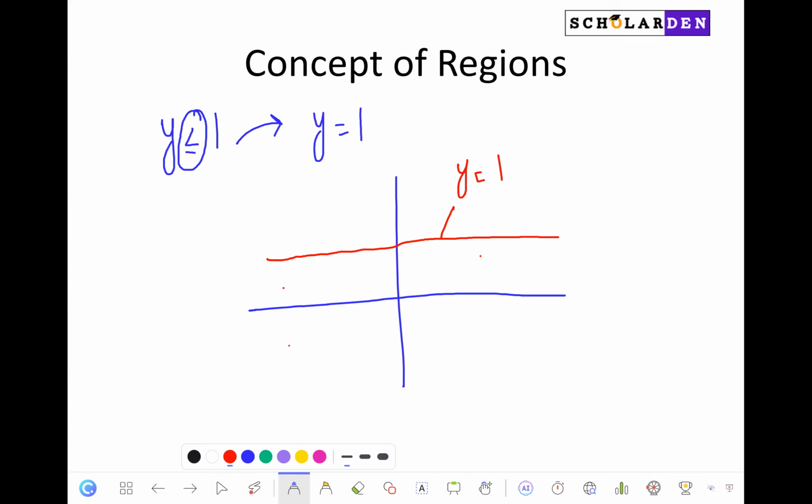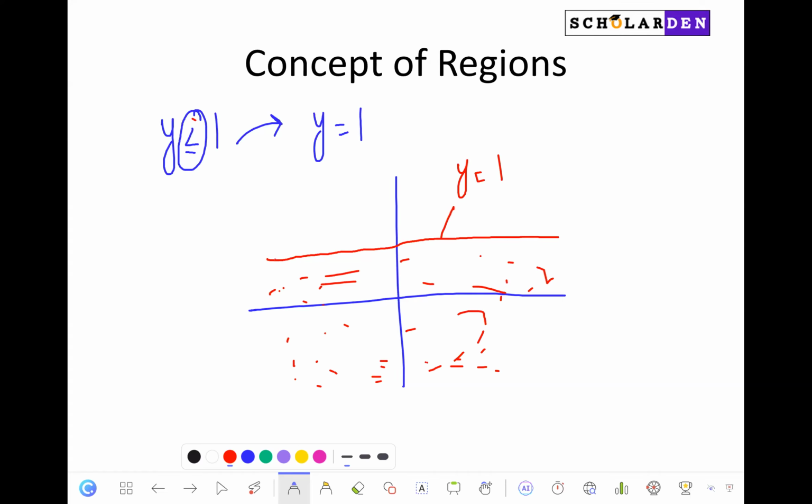And then all of these points over here under this line are going to be less than y is equal to 1. But the interesting thing is that we're supposed to identify all the y coordinates which are less than or equal to 1.